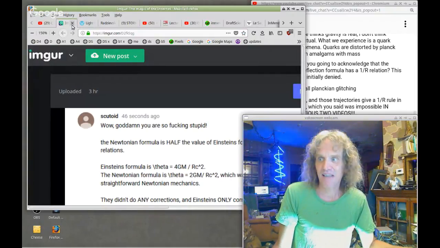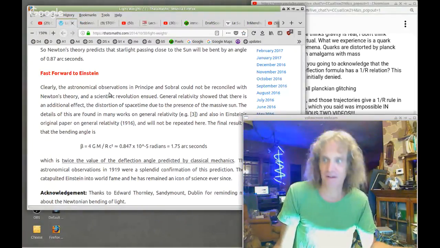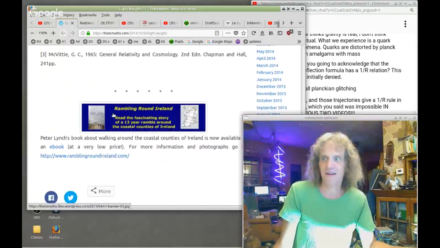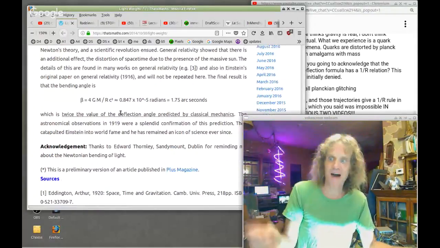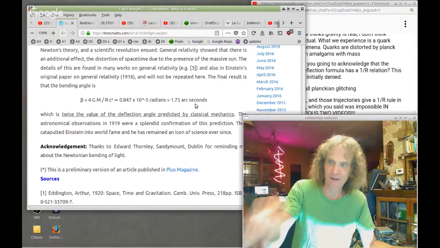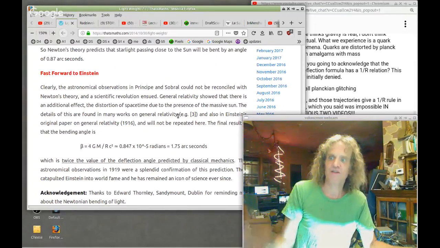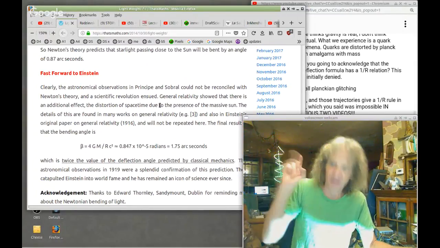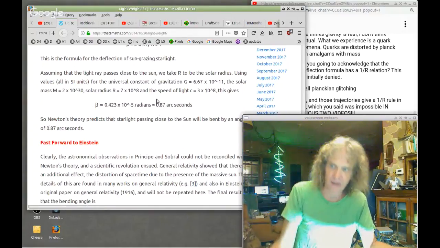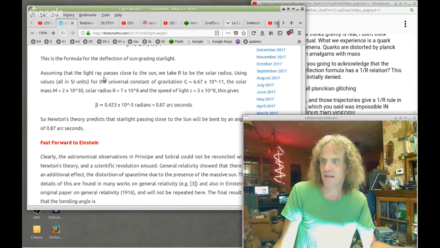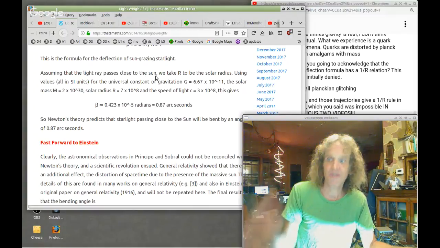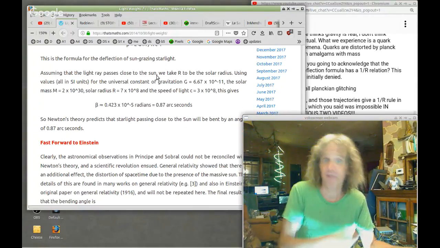How the calculation is for the surface of the sun. All right, so it can't even apply. This 1.75 arc seconds applies to a calculation done on the surface of the sun. So it's right here. Assuming that the light ray passes close to the sun. Now, when they mean close, they mean right on its surface.